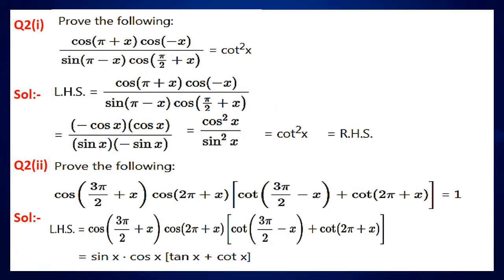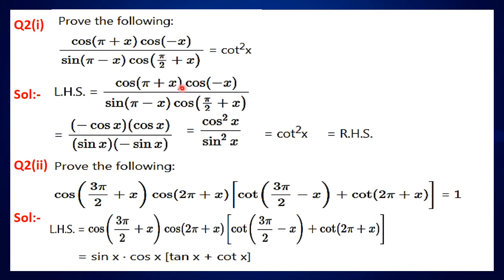Question number 2, first one, prove the following. Cos pi plus x into cos minus x divided by sin pi minus x into cos pi by 2 plus x is equal to cot square x. So let us consider the left hand side. We have to apply the results here.